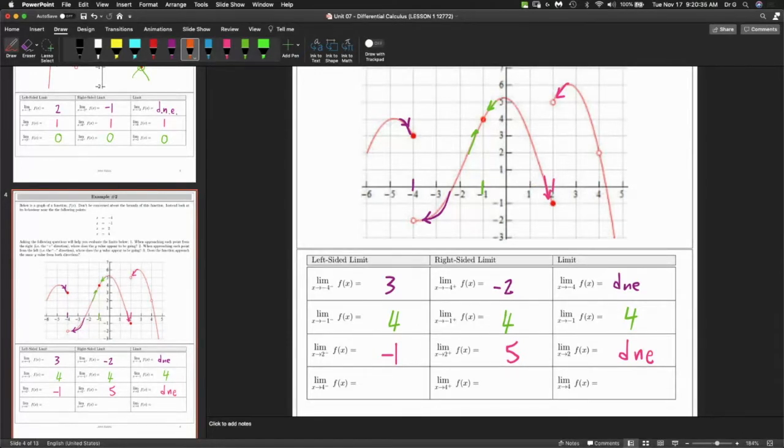Isn't the arc of the parabola higher though? Or are you just looking for the intercept? All we're interested in here is what value of x we are investigating. It's -1. So this value here is the location. We're not talking about intercepts. We're not talking about vertex or anything like that. Okay, sorry.